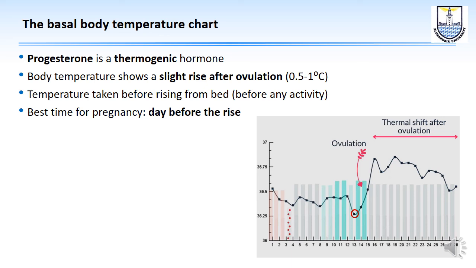If a woman wants to follow her temperature chart, she should take her temperature when she is still in bed before rising, before doing any activity, because we are looking for very mild changes in the temperature. And as I said, the best time for becoming pregnant is to have intercourse on the day before the rise. So people will always have the information retrospectively.